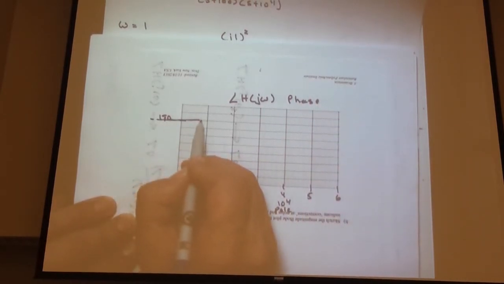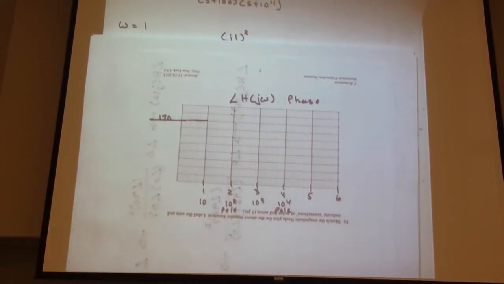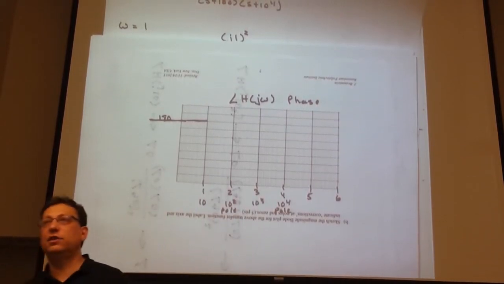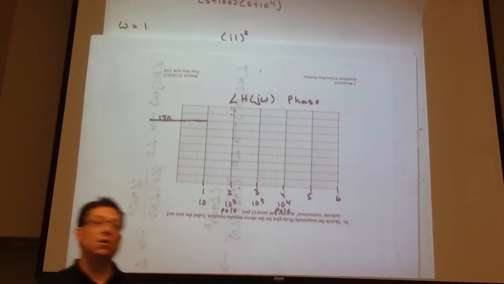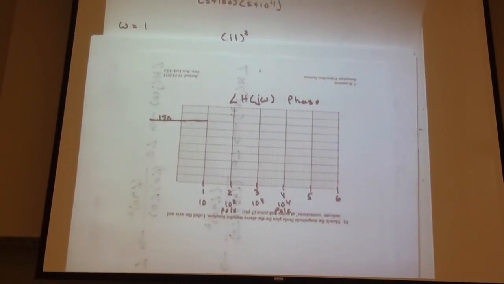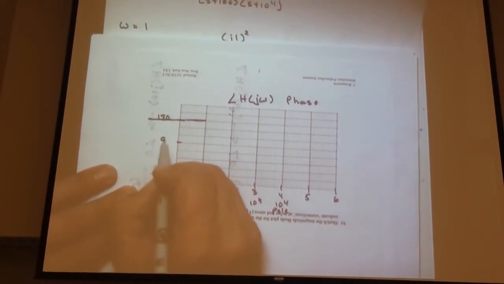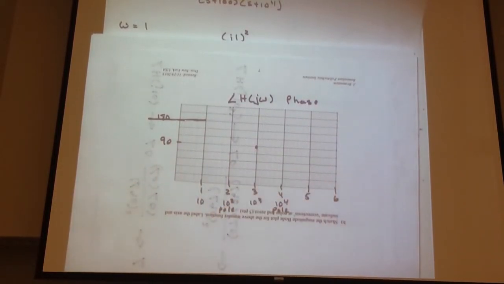And here's my approximate phase for what we've done so far. For less than omega equals 10, our angle is about 180 degrees and constant. We crossed that pole, we went to 10 to the third, and we went down to 90. And so we're about there.